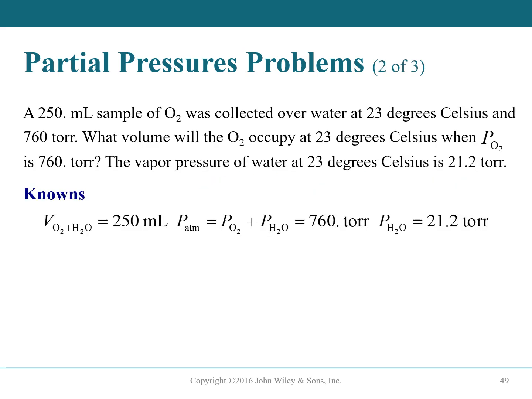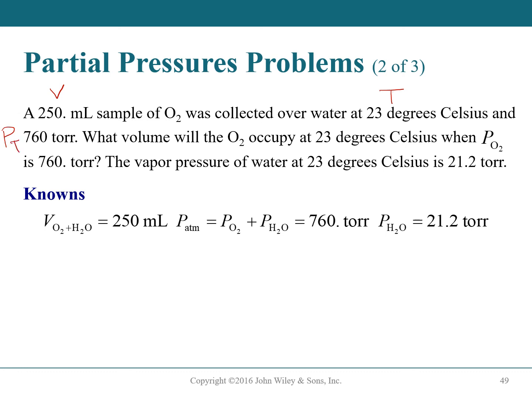Okay, in this case, for another partial pressure problem, we collected 250 milliliters of oxygen that was collected over water. This is my volume, at 23 degrees Celsius, so that's my temperature, and this is my total pressure.